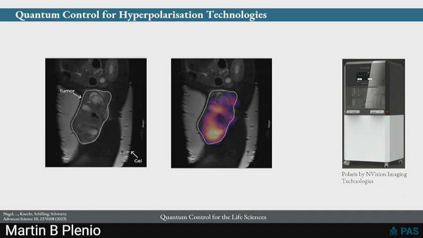And here you can see on the left-hand side the first pictures, MRI imaging of metabolites that have been inserted into the body. And if you want to buy it, this is a device that you can really buy to provide you, using some simple quantum control methods of small spin systems, a device that can enhance your MRI imaging and hopefully will inform doctors about how to treat cancer better.